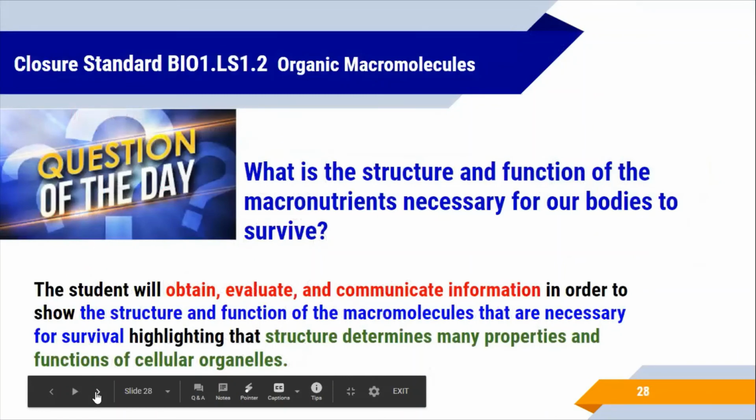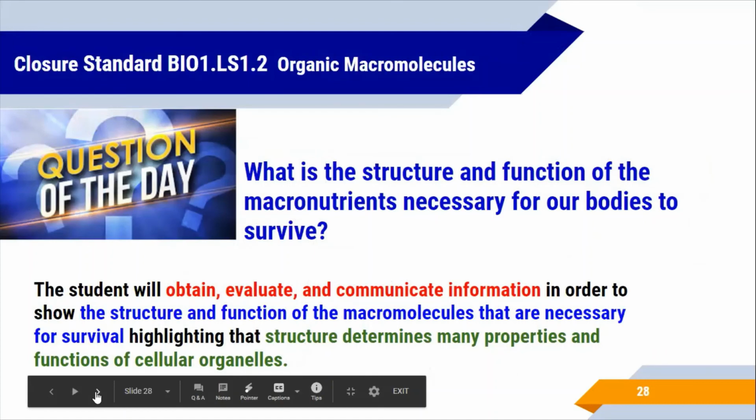Wrapping up today's lesson, our question of the day was, what is the structure and function of macronutrients necessary for our bodies to survive? Today we investigated Standard Bio 1.LS 1.2, focusing on the organic macromolecules.